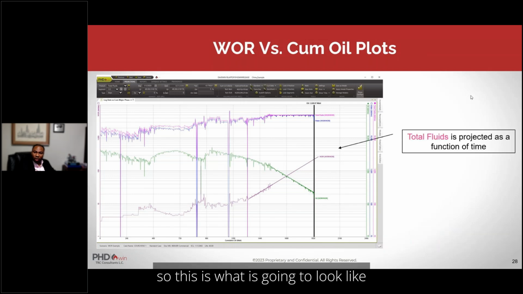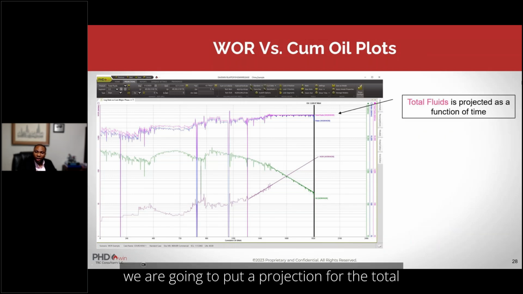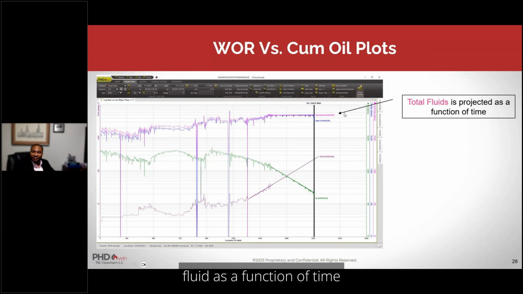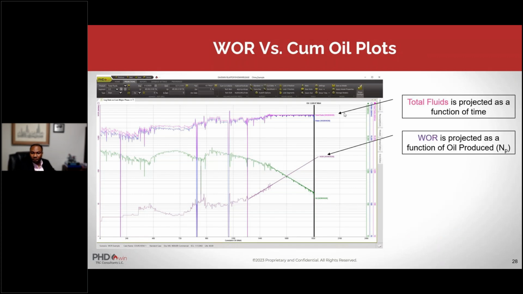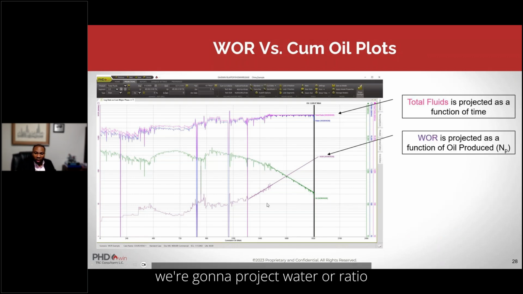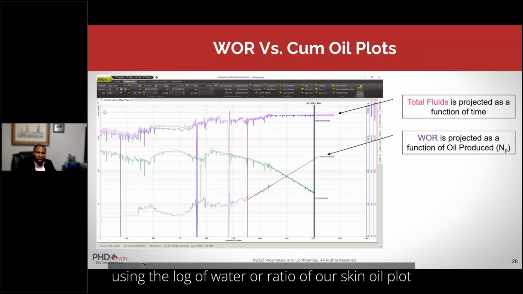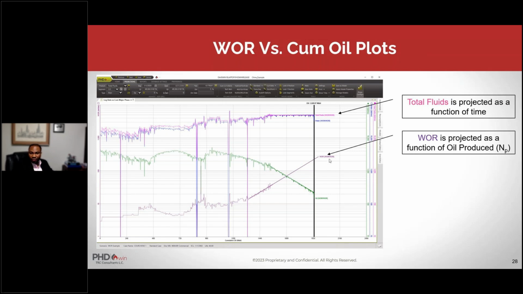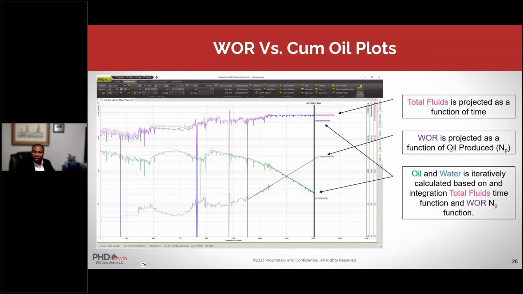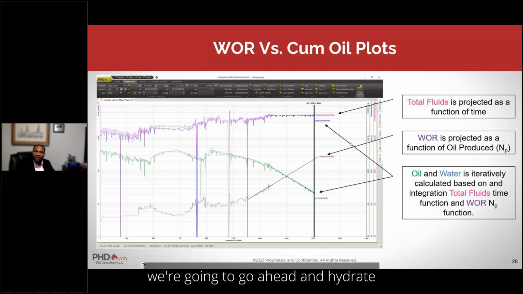This is what it's going to look like. We project the total fluid as a function of time, project the water-oil ratio using the log of water-oil ratio versus cum oil plot, and put a straight line through that data. Then, using these two, we iterate and calculate both oil and water production.